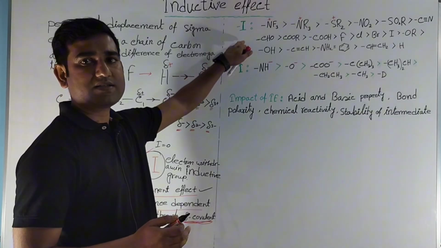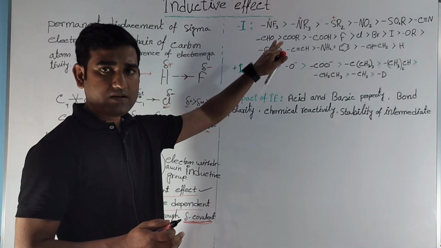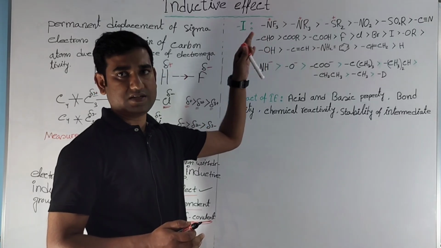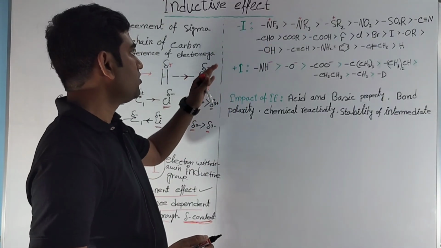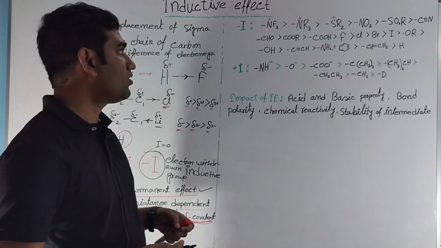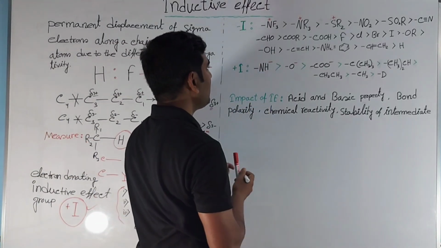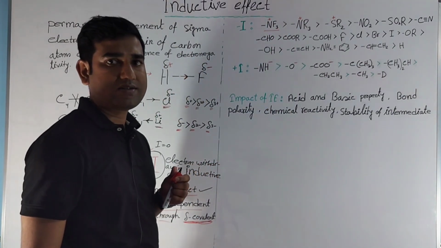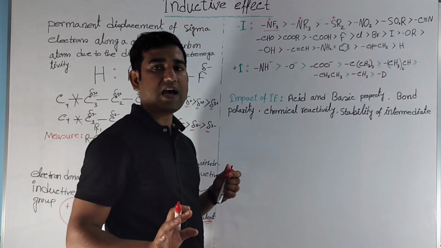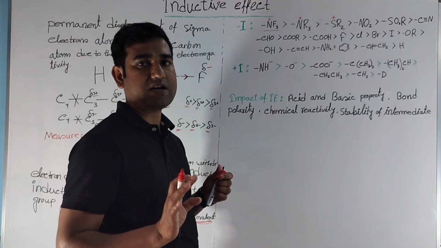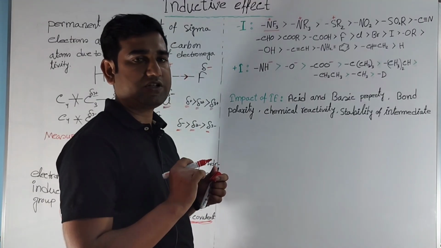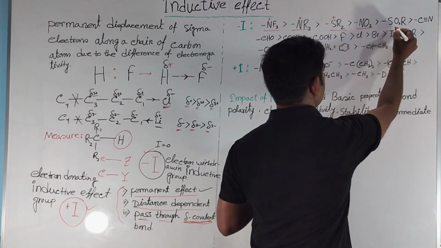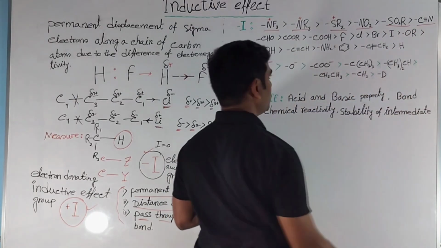So I mention here plus I and minus I. First I mention the minus I groups in a decreasing series. The first, most powerful electron withdrawing group is NF3+. Second one is NR3+. R means alkyl group: three alkyl groups attached with nitrogen, and nitrogen acquires the positive charge. Then SR2 group, then nitro group, then SO2R group, then cyano group.